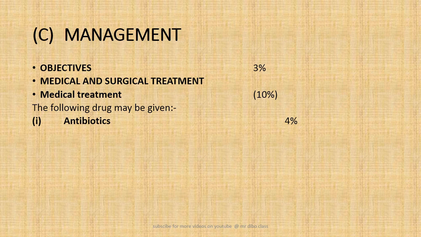Some of the drugs you can mention are benzyl penicillin 2 mega units, which can be given IV or IM 6 hourly for 5 days. You can also mention gentamicin 80 milligrams IM, which can be given 8 hourly for 5 days.